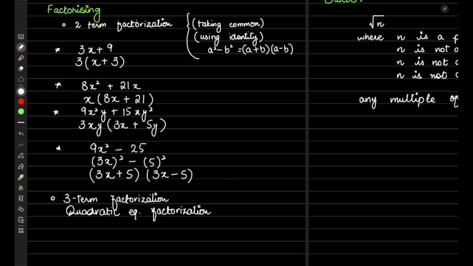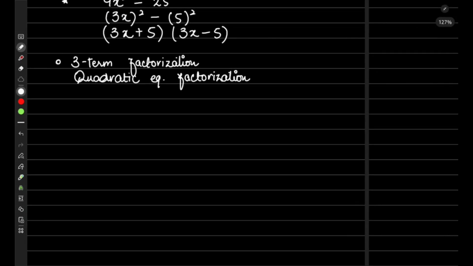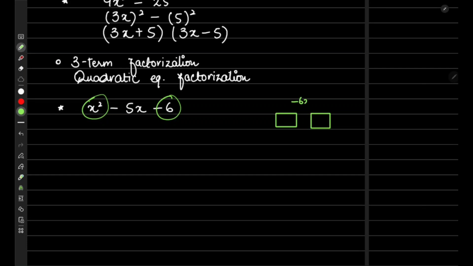Now if we have a three-term quadratic equation, how do we factorize? For example, if we have x square minus 5x minus 6, there are certain rules that we follow, a proper procedure for that. You need to multiply the outer two terms. What you get when multiplying the outer two terms is minus 6x square, and the middle term is minus 5x.